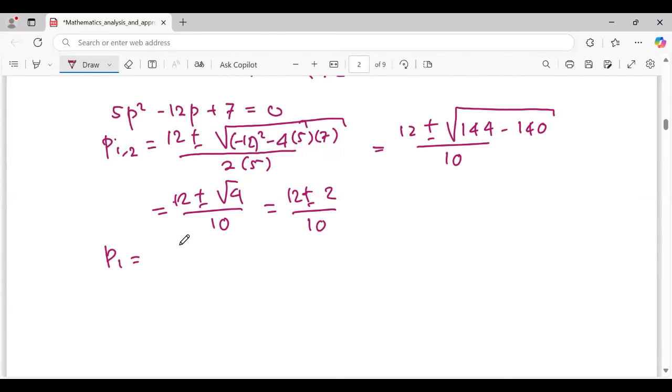So P1 equals 12 plus 2 over 10, which equals 14 over 10, 7 over 5.